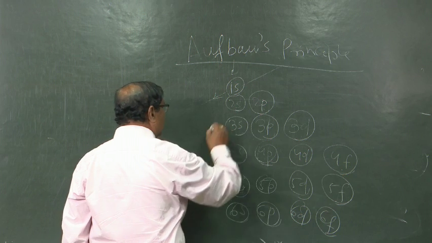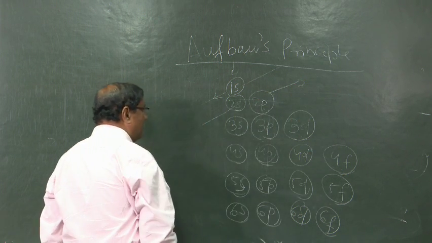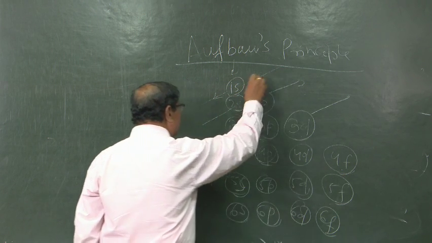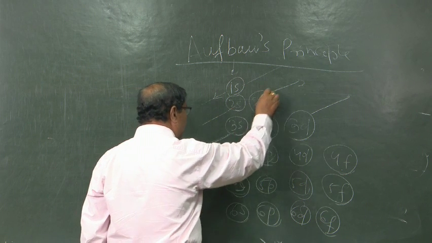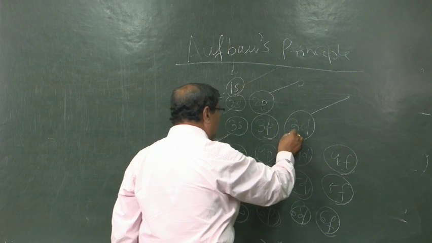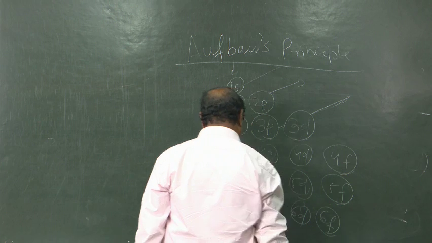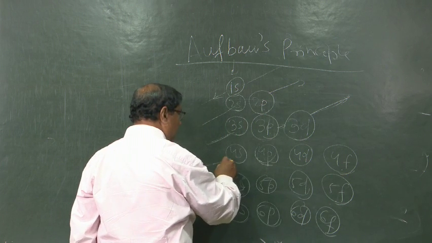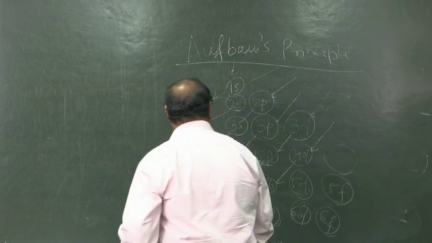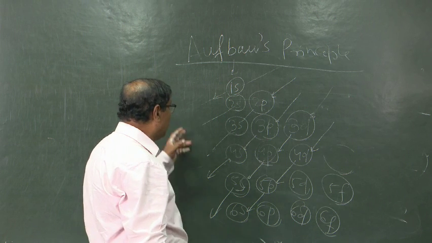First 1s, then 2s, 2p, then 3s, 3p, then 4s, 4p, 4d. This is the sequence of arrangement of orbitals and filling of the electrons.